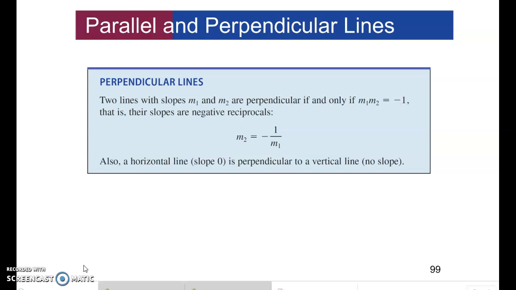So like my example, 1/2 times negative 2/1, multiply top by top and bottom by bottom, and you get negative 2/2, which is negative 1. So slopes of lines that are perpendicular will be opposite reciprocals, but that also means that when you multiply those slopes together, you get a product of negative 1.